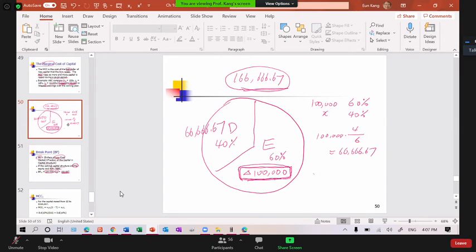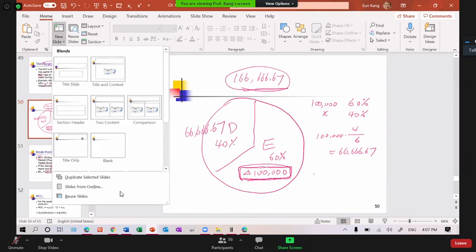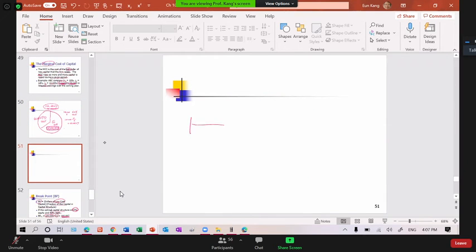One more slide. From 0 to 166,666.67, you are going to use retained earnings, RS, and RD.